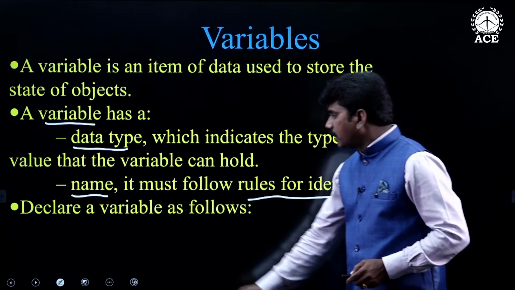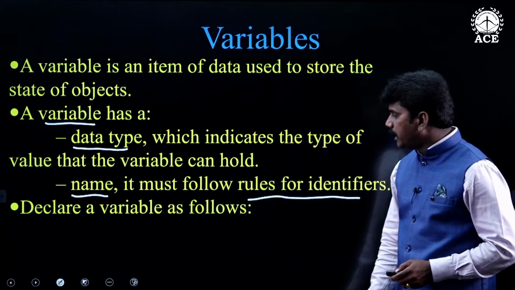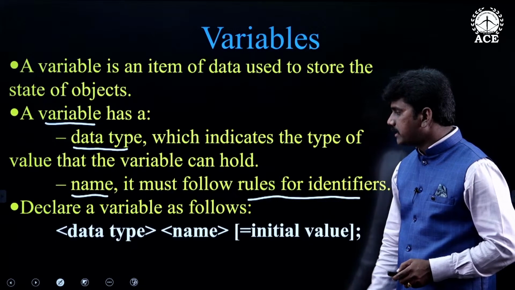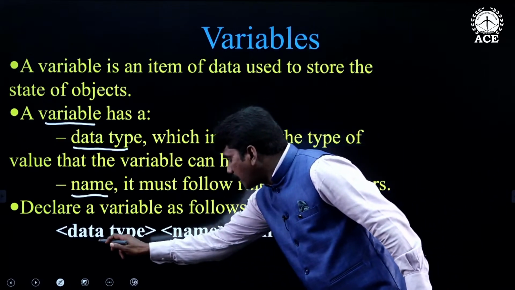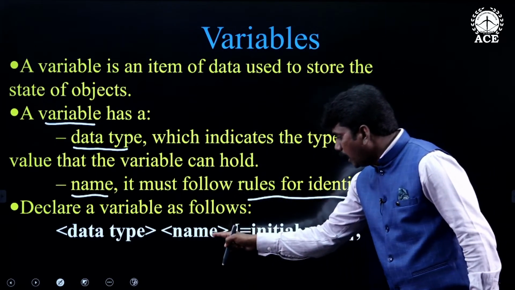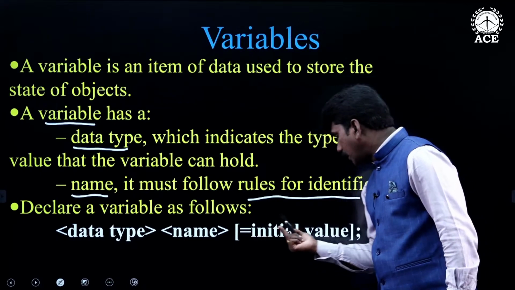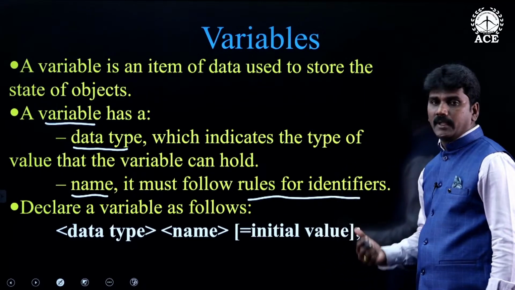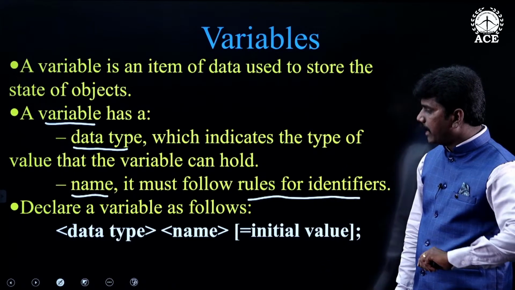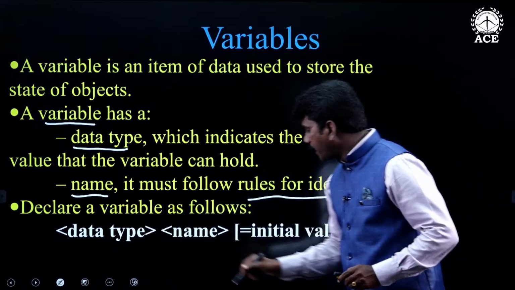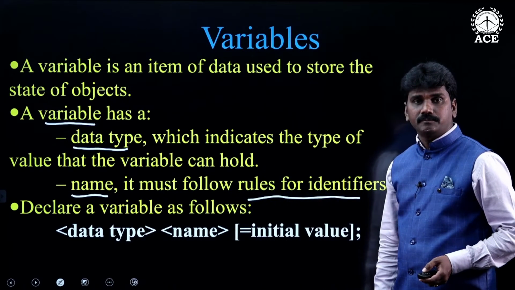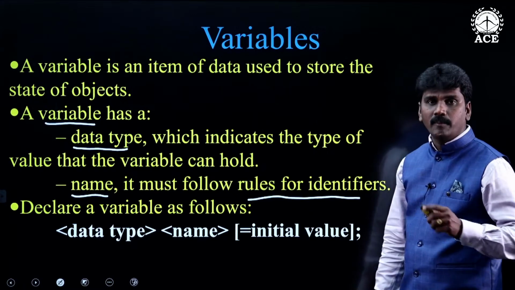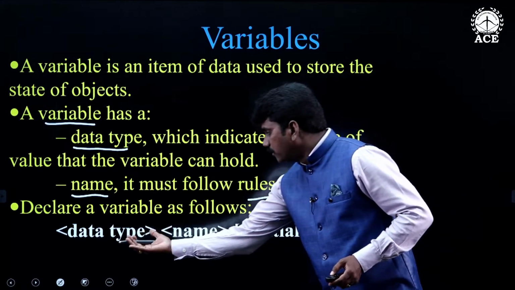Next one, how can we declare a variable in Java? It is like this: data type, space, name, is equal to initial value, semicolon. Here, why have we kept the angular brackets and square brackets? We may have that doubt.